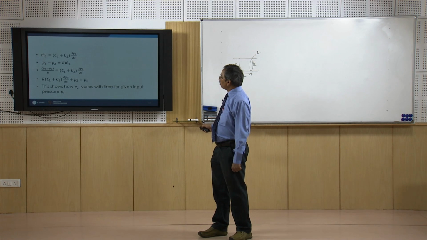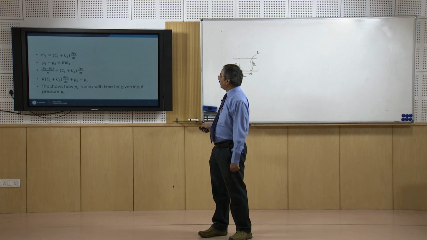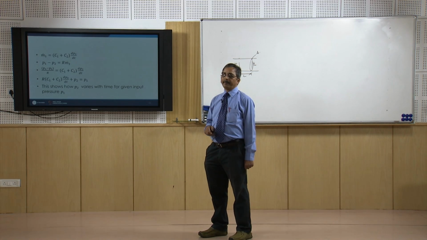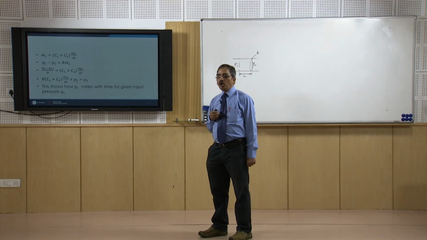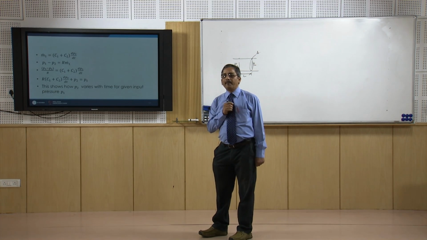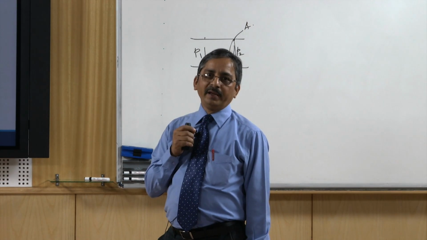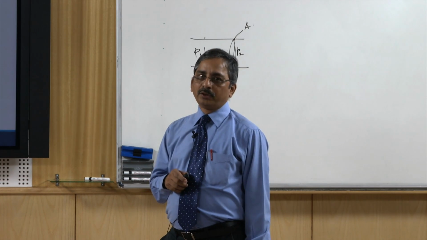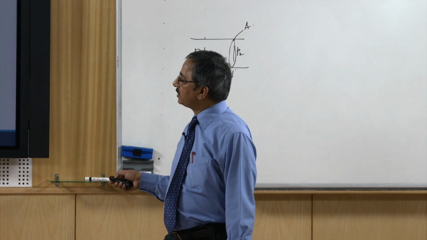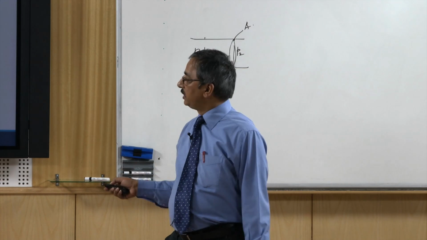This shows how P2 varies with time for a given input pressure P1. But as I said, our interest is to know how much the bellow moves because of this pressure P1.